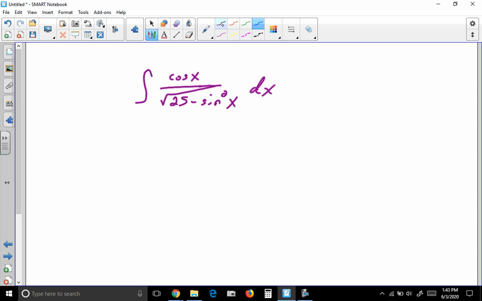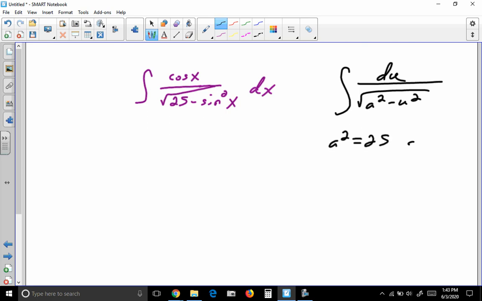So let's look at one that has some trig in it. So this one has a square root on bottom. It has a constant squared minus something with a variable squared. So let's see if we can make it look like this one. So if it is, then a squared is 25, and a would be 5. If u squared is sine squared, then u would be sine, and that would make du the derivative of sine, which is cosine x dx.